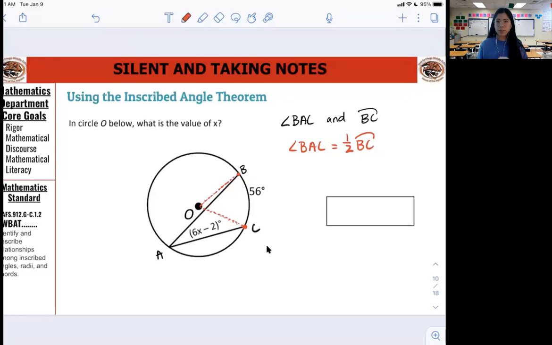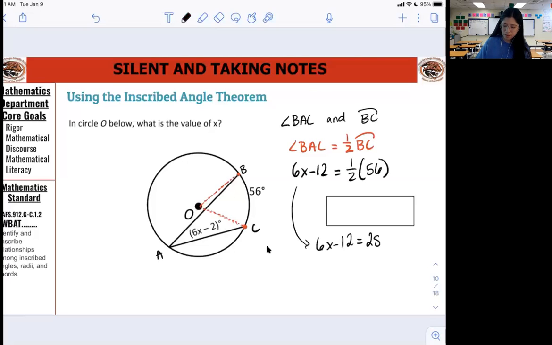All right, let's go ahead and go through it. So BAC is half of arc BC. So that means that 6x minus 12 is 1/2 times 56. What's 1/2 times 56? It's 28.